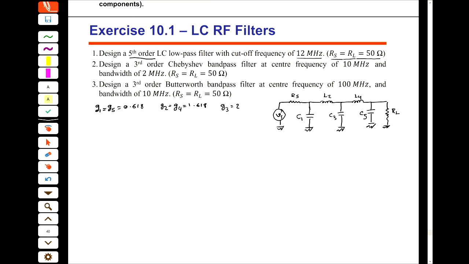Based on this, we can say that C1 equals C5, equal to G1 or G5 divided by 2 pi FC multiplied by R, where R here equals RS equals RL, 50.